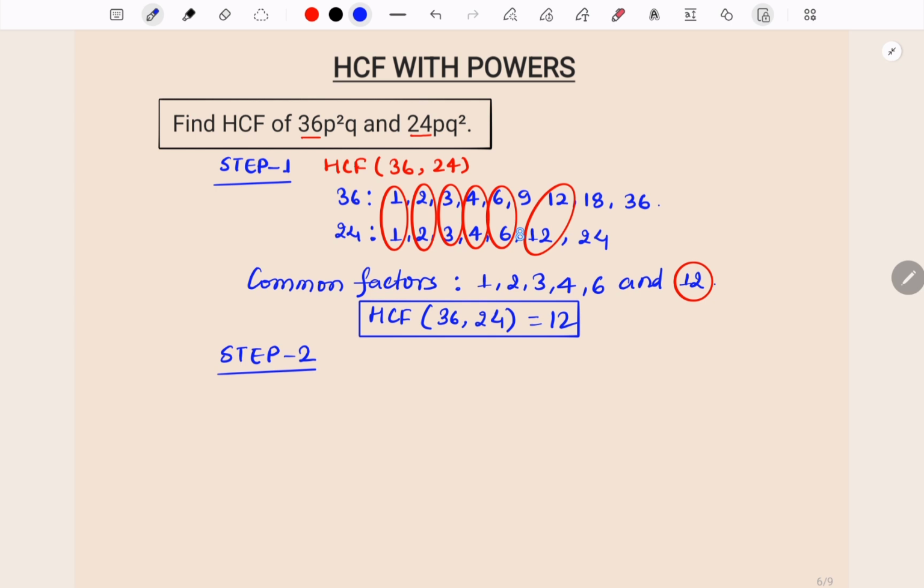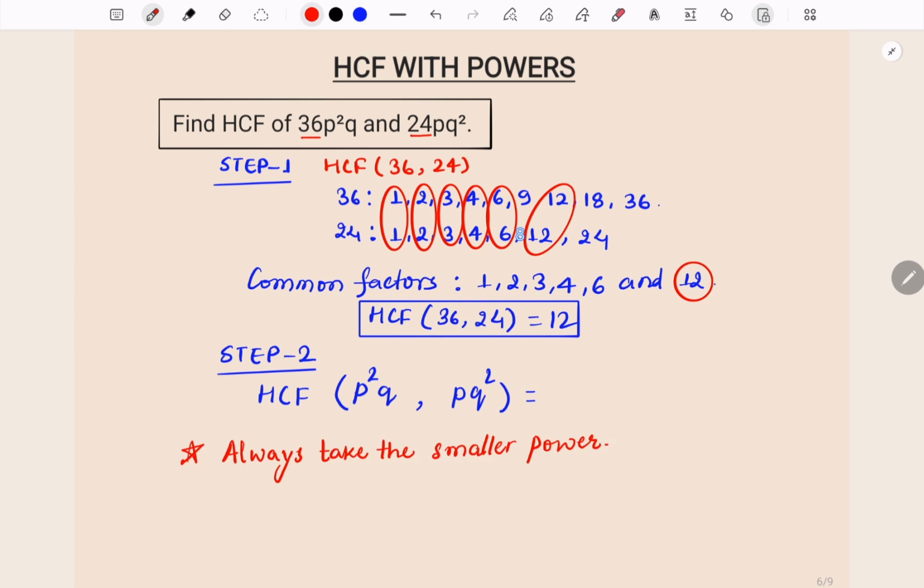Now in the first term we have p squared q, right? And in the second term we have pq squared, and we need to find the HCF of these two terms, right? Now there is a very important rule here that you need to remember. The rule says that whenever we are finding HCF among letters, we always take the smaller power.